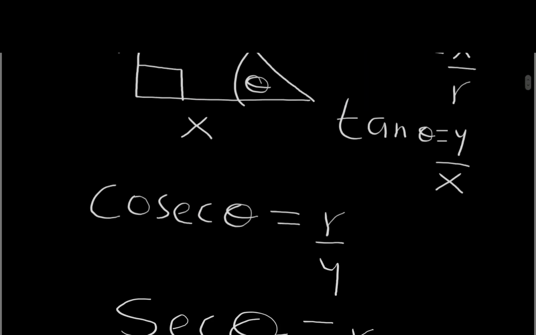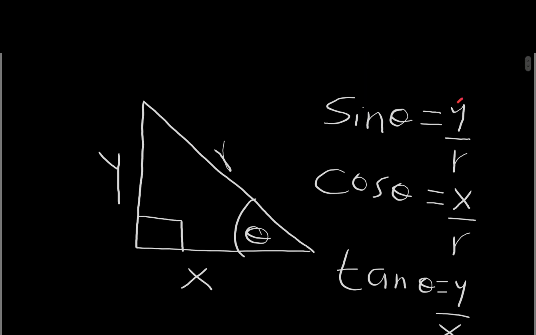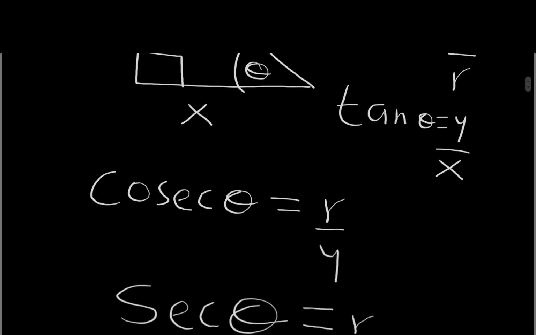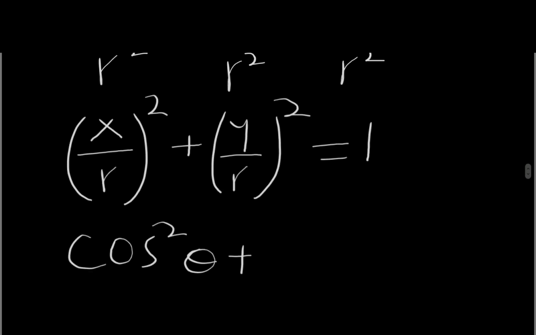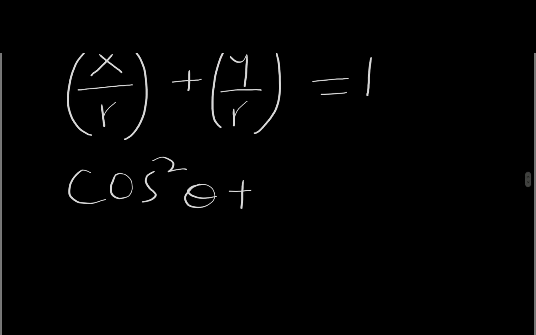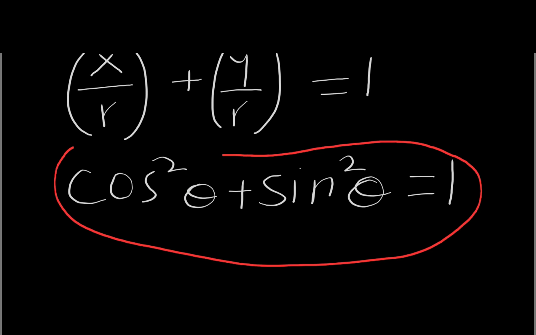Let's check it. Y over r, as you can see here, is sin theta. So in place of y over r, I will have sine squared theta, and this is equal to 1. So this is our first proof. This is an identity in trigonometry.